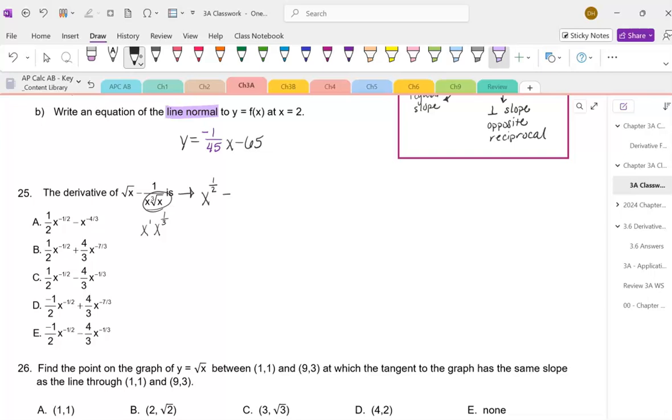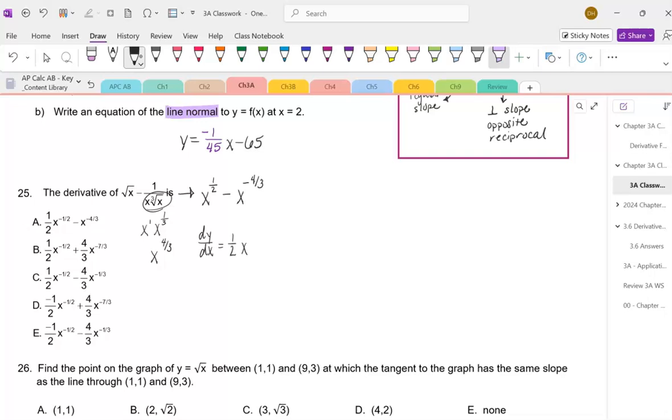If I wanted to combine my x's into a singular base, you need to add the exponents. So it's really 3 over 3 plus 1 over 3, which gets me 4 over 3. And then keep in mind that it's in the denominator. So to bring it up to the numerator, you're going to make the exponent negative so that you can actually find its derivative.